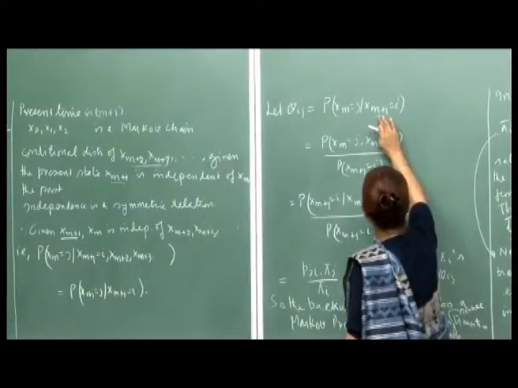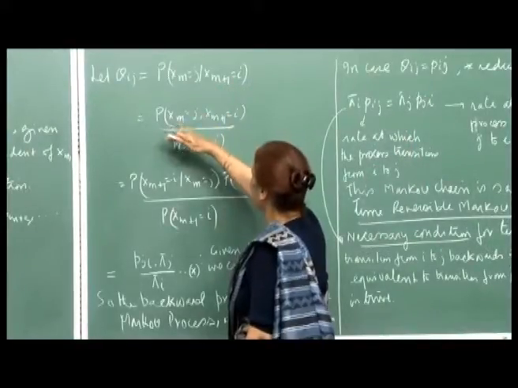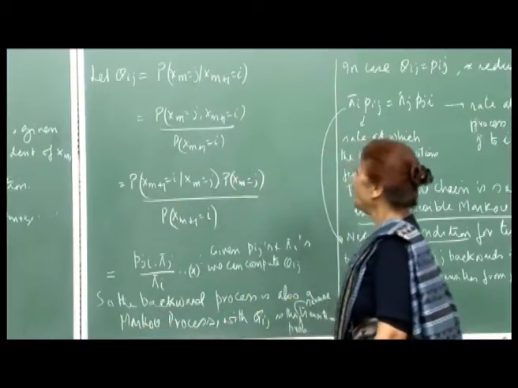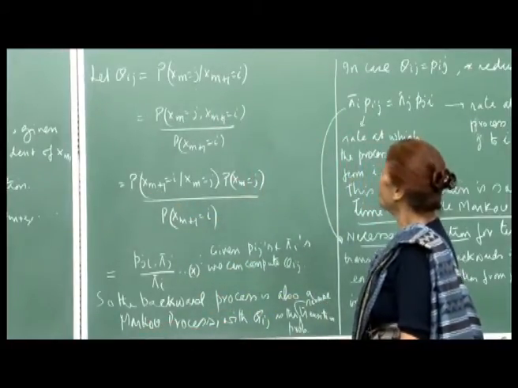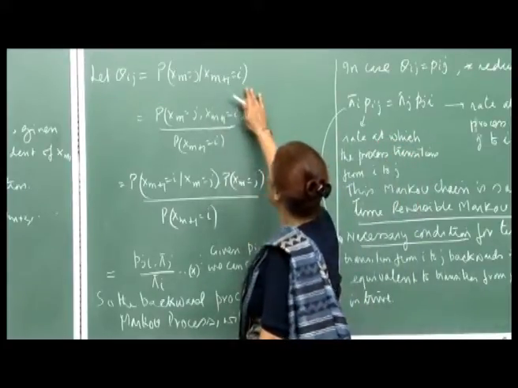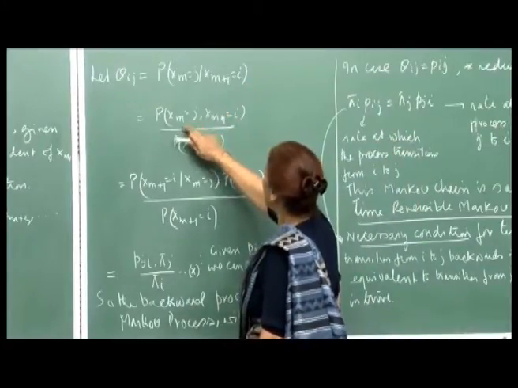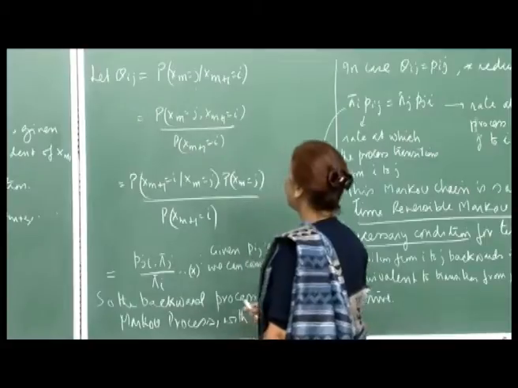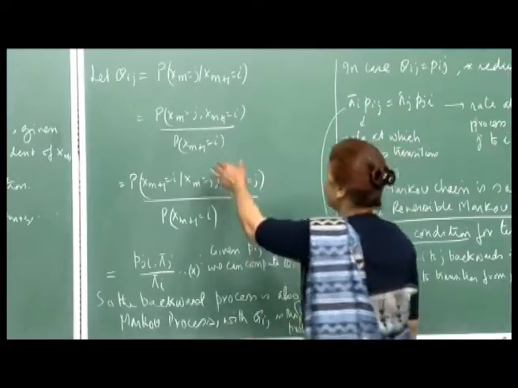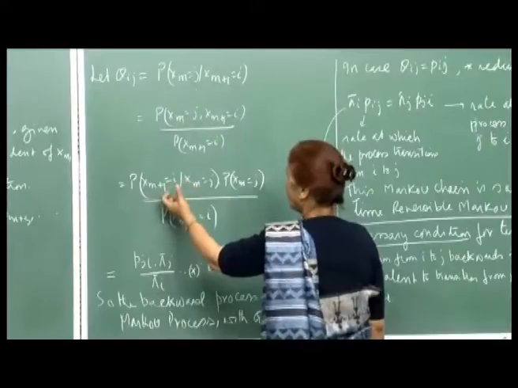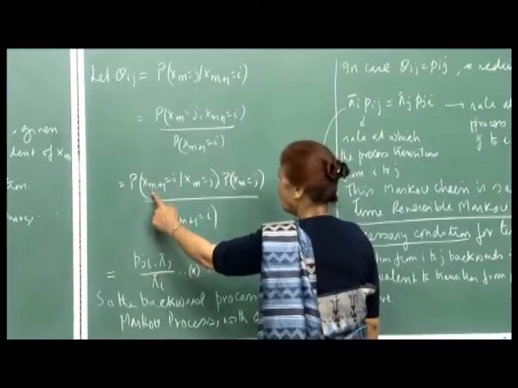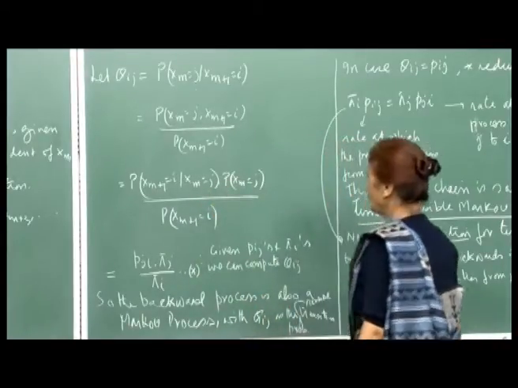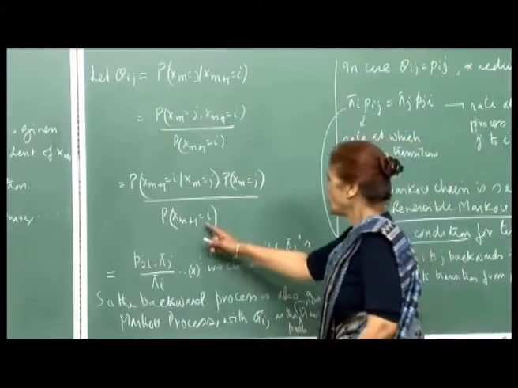So, currently you are in i, and so we are occupying state position j just one period before, and so this conditional probability I can write, by the conditional probability formula, as probability x m equal to j comma x m plus 1 equal to i divided by the probability of x m plus 1 equal to i. And then again this product probability I can write as a conditional probability, x m plus 1 equal to i given x m equal to j, into probability x m equal to j, divided by probability x m plus 1 equal to i.